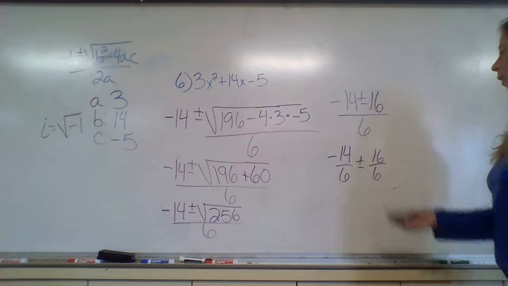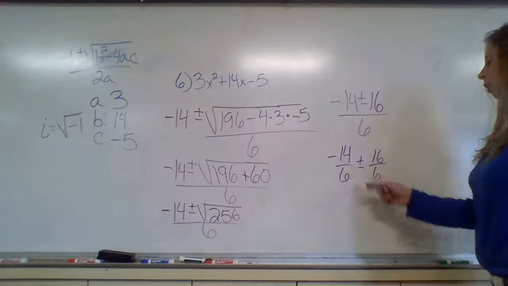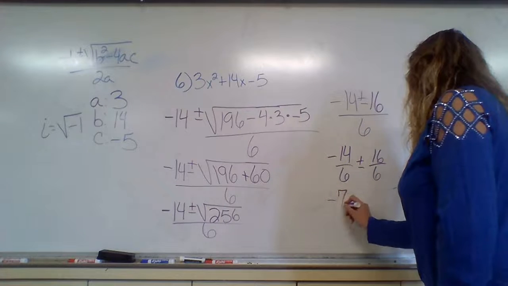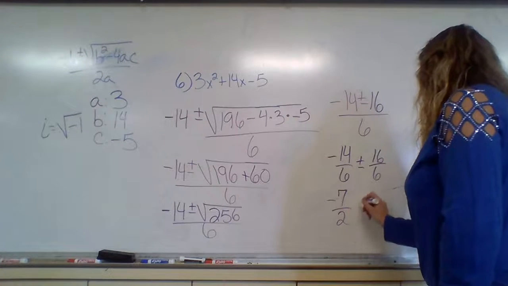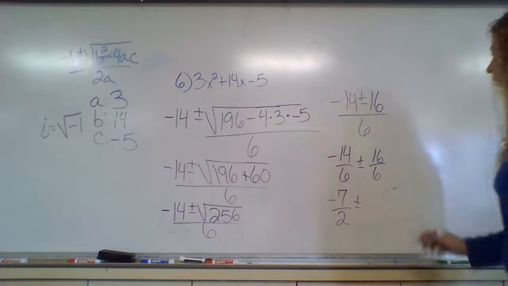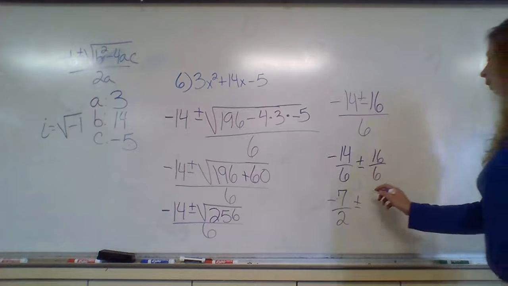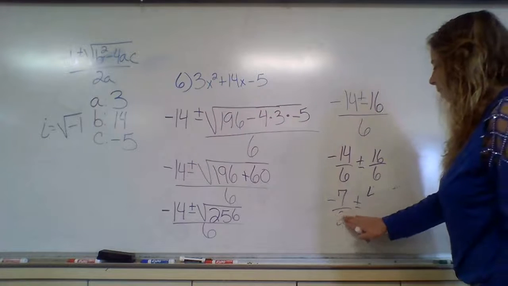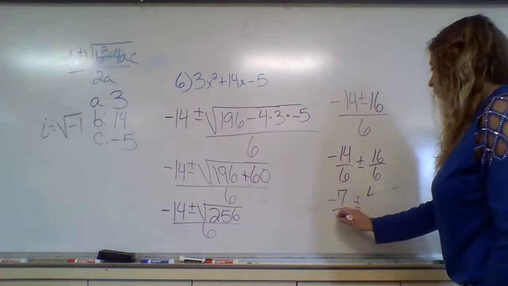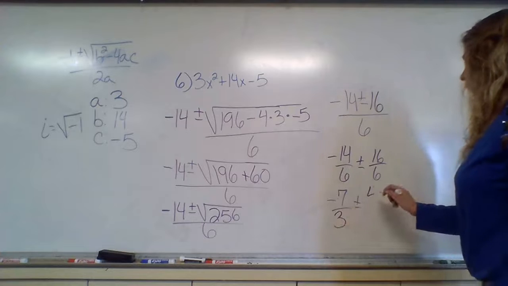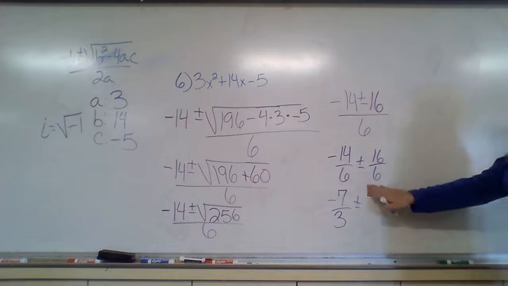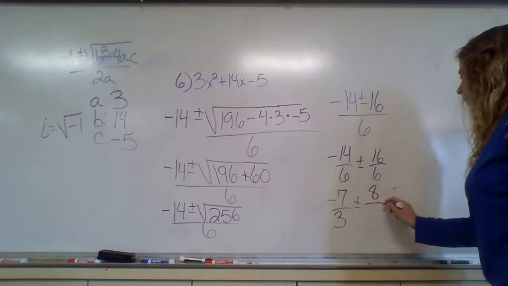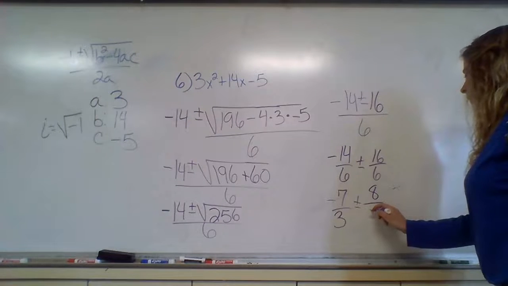I can divide both of these by 2, so that gives me negative 7 over 2, wait, sorry, that's a 3, 6 divided by 2 is 3, plus or minus, divide both of these by 2, which is 8 over 3.